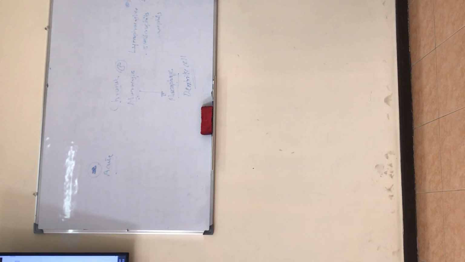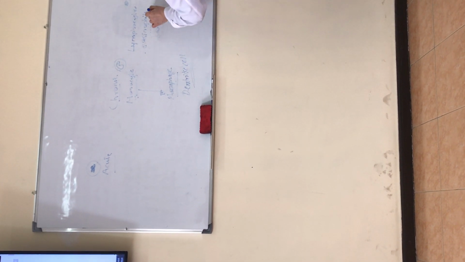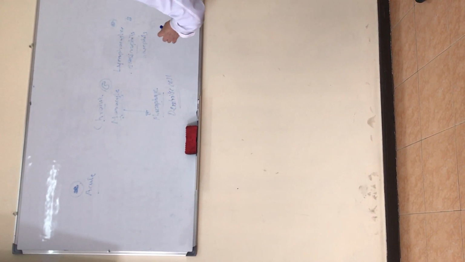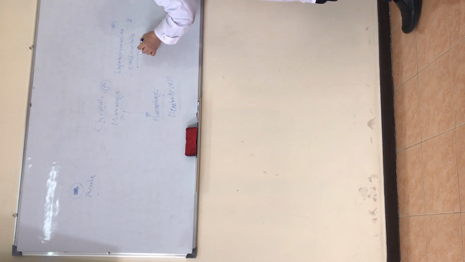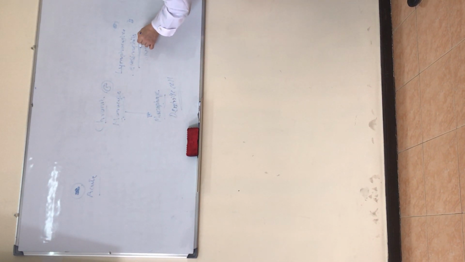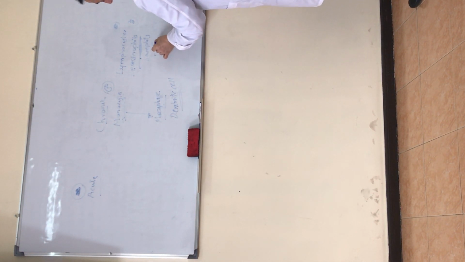Eosinophils are present in allergic reactions. And they have some granules that can kill parasites, so worms. That's why in a reaction with parasitic diseases, there is infiltration of eosinophils and also basophils.